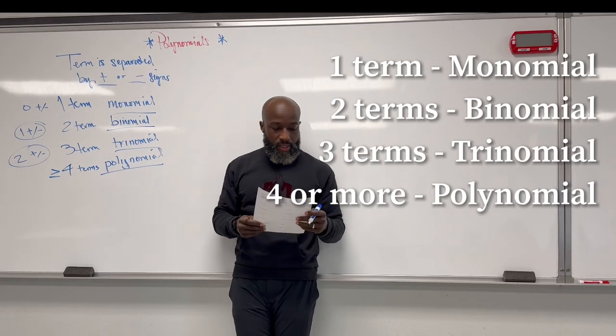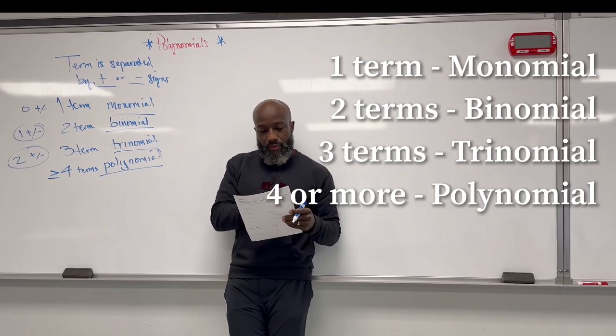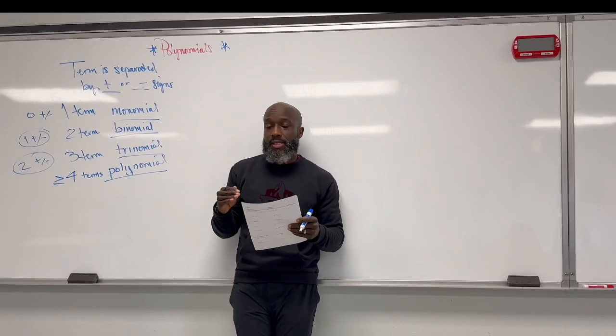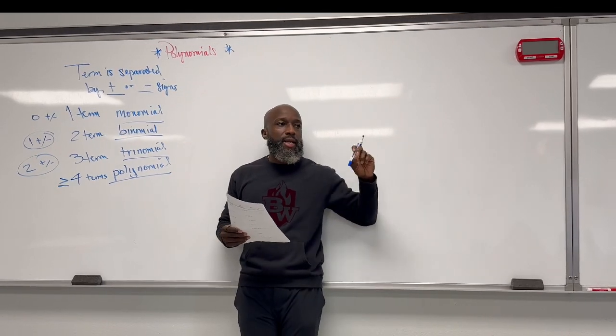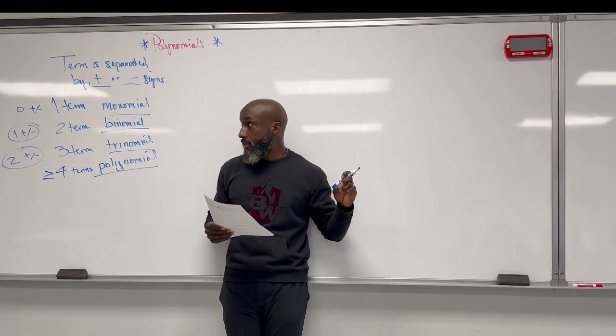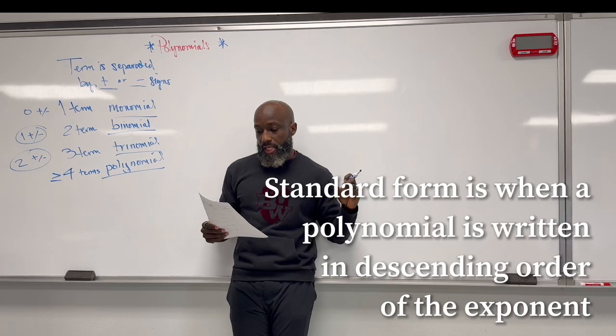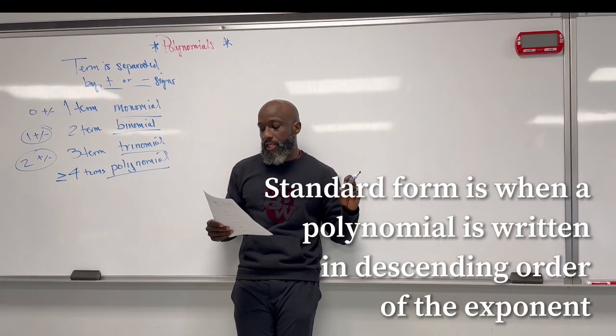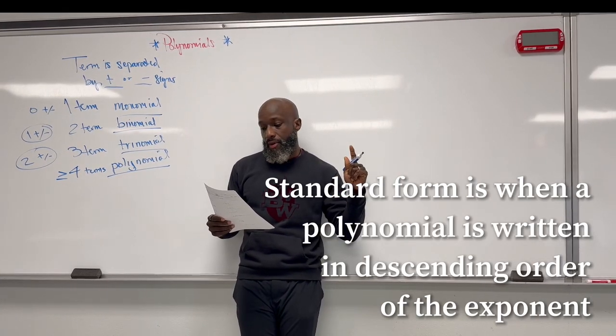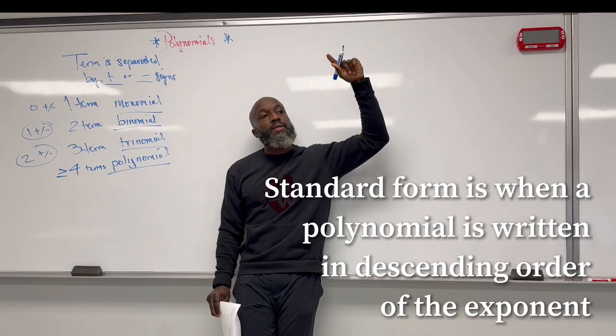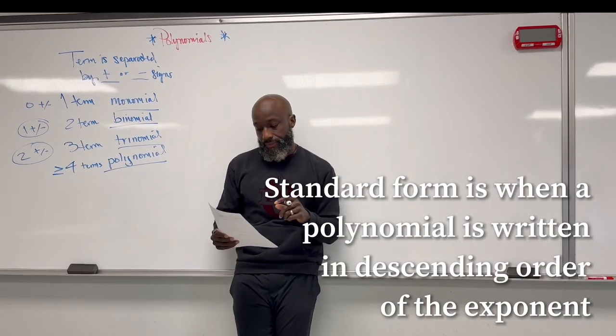When you have a polynomial with one type of variable, you need to write it in standard form. Standard form is when a polynomial has one variable and the exponents are written in descending order.